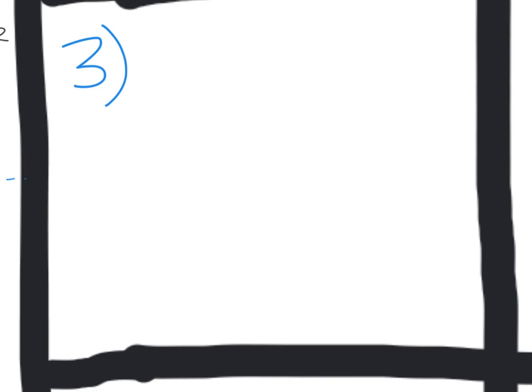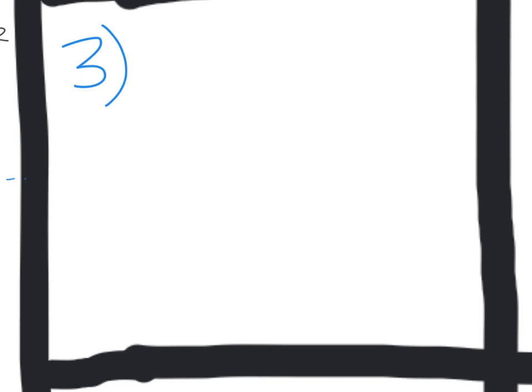Okay, let's go ahead and jump to number 3. Describe the relationship between the terms in the sequence 6, 18, 54, 162. Then write the 3 next terms in the sequence.